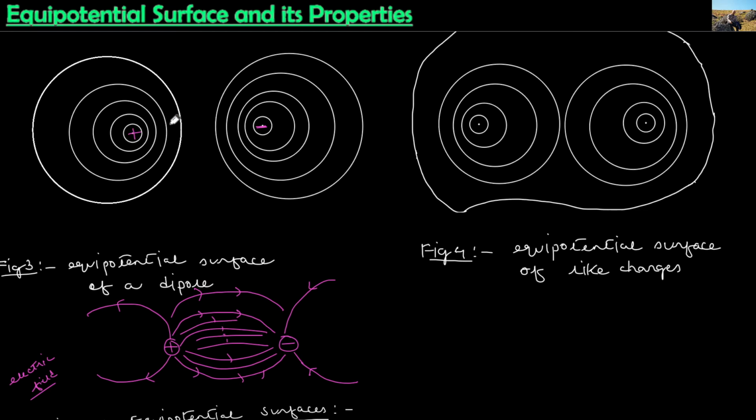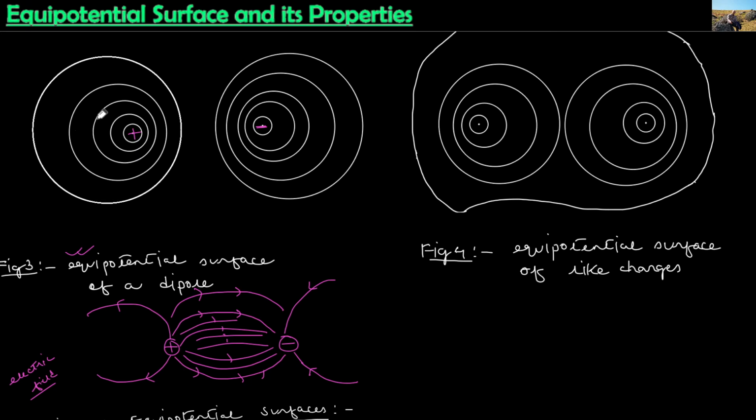That is why in the picture of the equipotential surfaces of a dipole, all these surfaces are very close to one another. But keep in mind that equipotential surfaces should not intersect one another. Even electric lines of force do not intersect. The surfaces will be close, but they should not intersect.